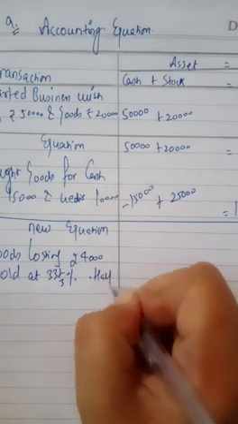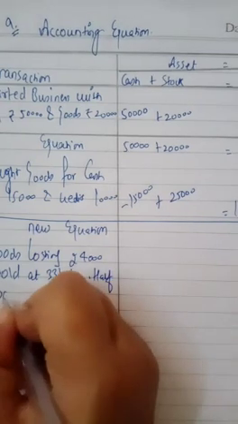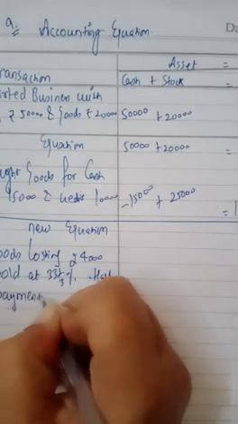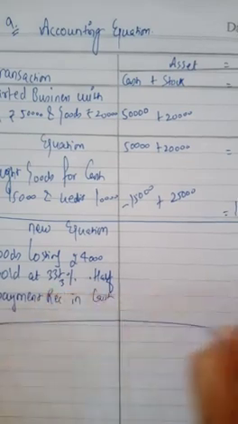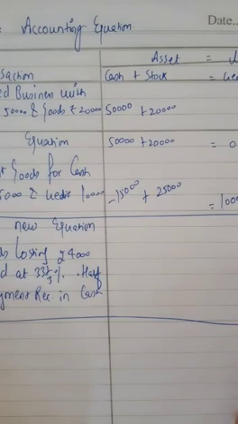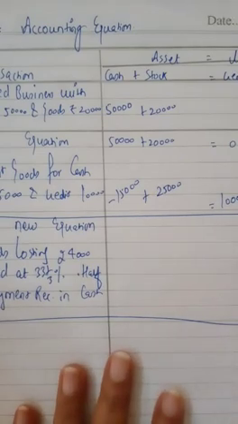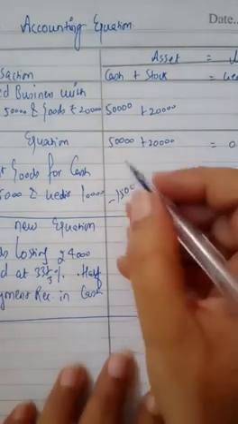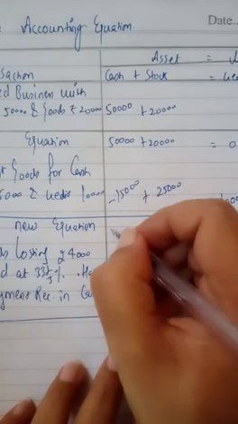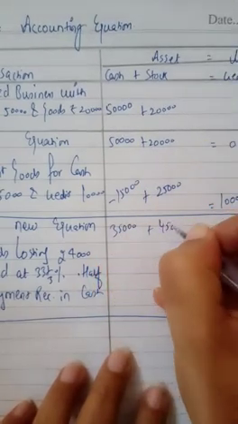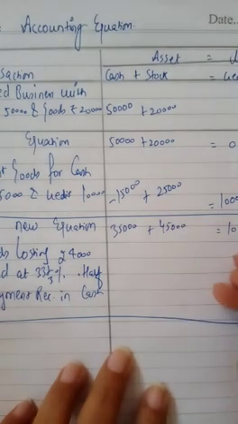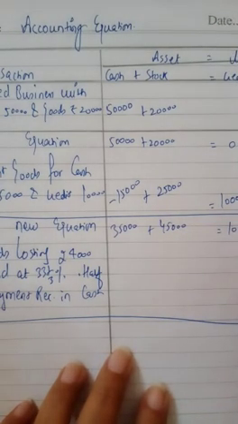Half payment received in cash. You have to write down the equation. 50 minus 15, 35, and 45. 10,000 was the creditors and 70,000 was the capital.